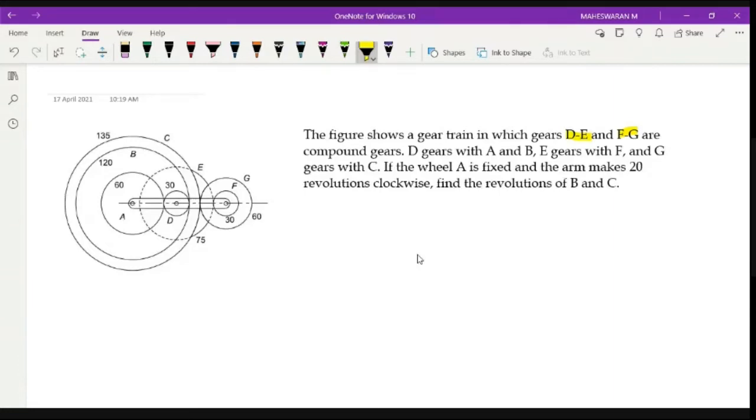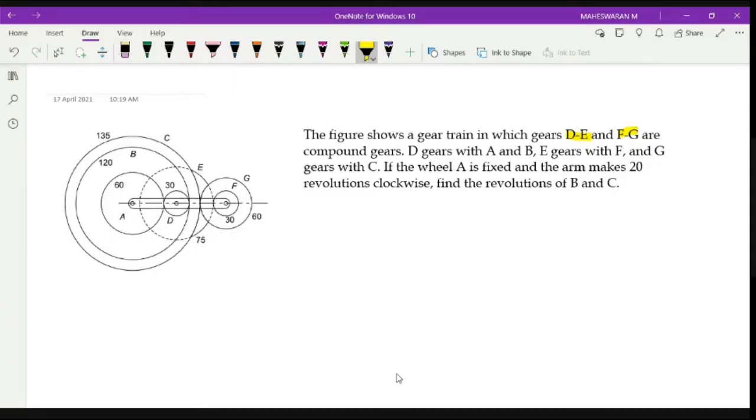They say that if wheel A is fixed and the arm makes a 20-degree revolution clockwise, what will be the revolution in B and C? Of course, there is no RPM here. They are asking in terms of revolution. Can you understand the problem?